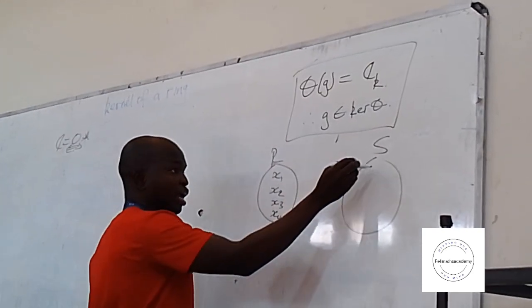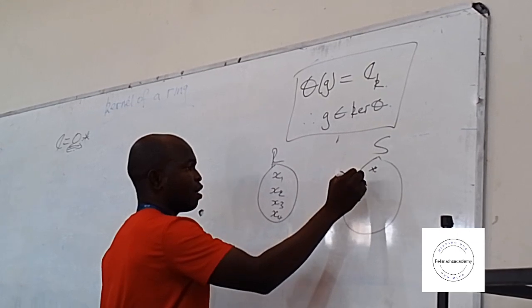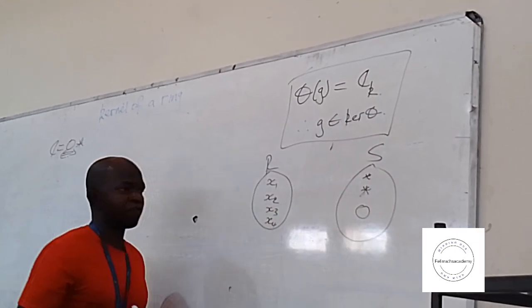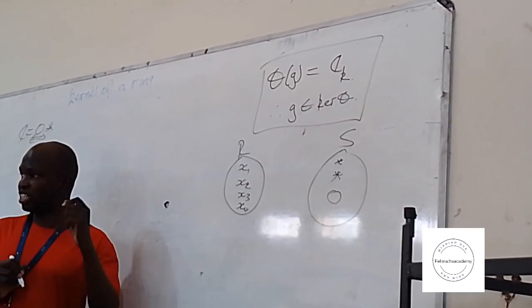Then we have S here with some abstract elements, but we also have 0 here, 0, which is our identity.